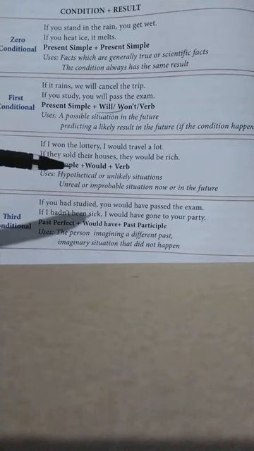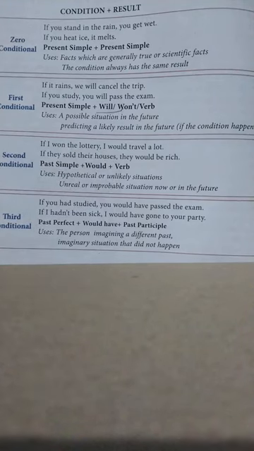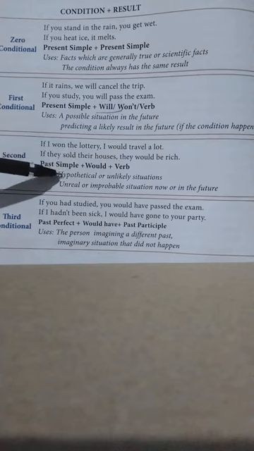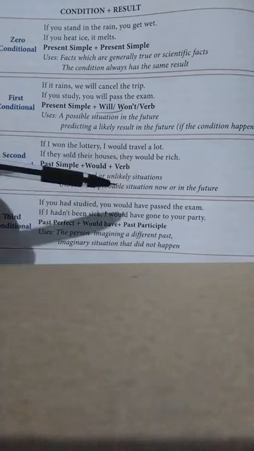Example number 2. If they sold their houses, they would be rich. See, in the if clause, the subject they, sold, sell, sold, in the past tense, they would be rich.